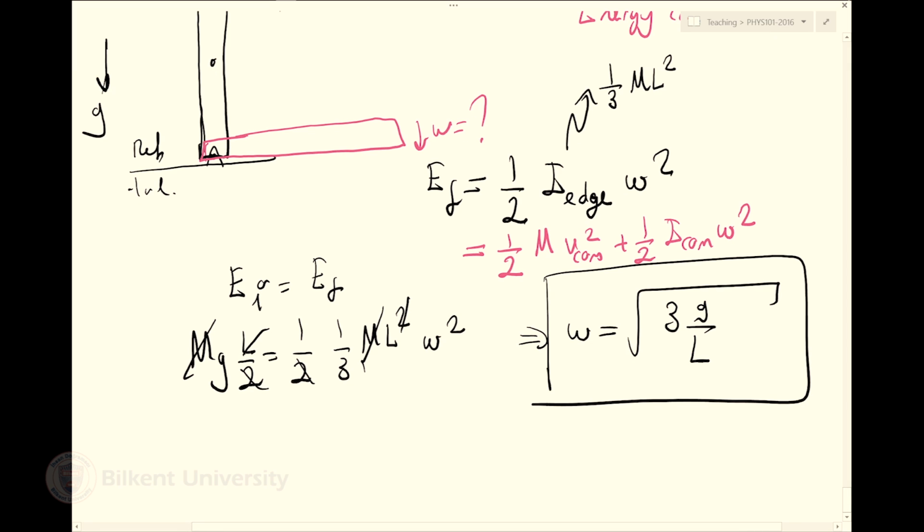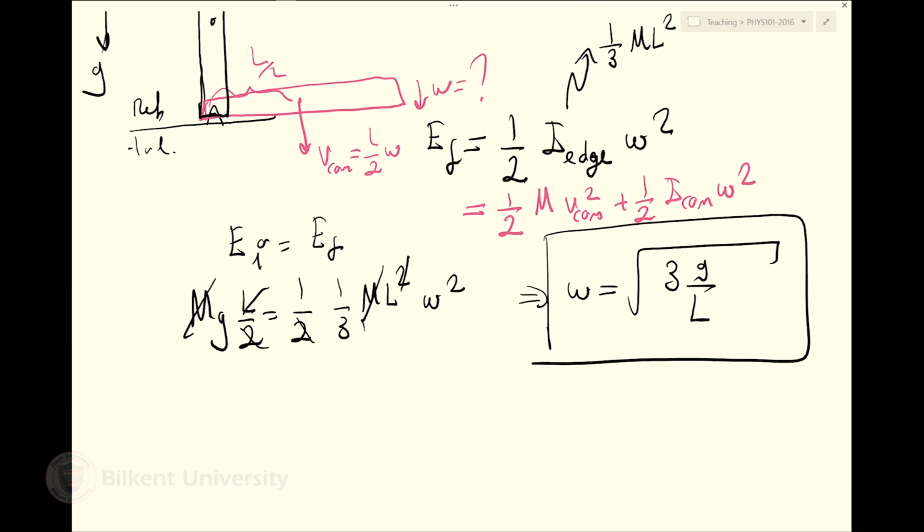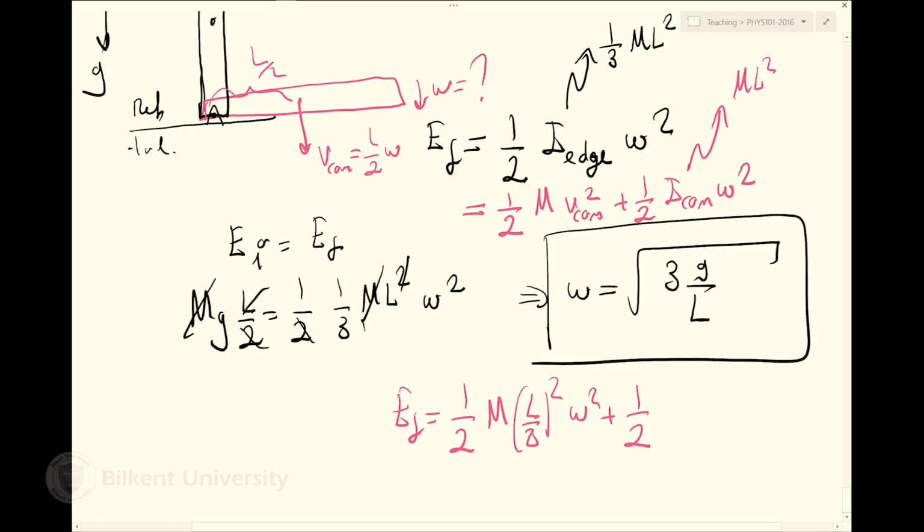Now, if I have omega, what would be my v center of mass? That length is L over 2, so it will be L over 2 times omega. So my final energy I could write as 1/2 m times L over 2 squared times omega squared plus 1/2 I center of mass. What is I center of mass? mL square over 12.